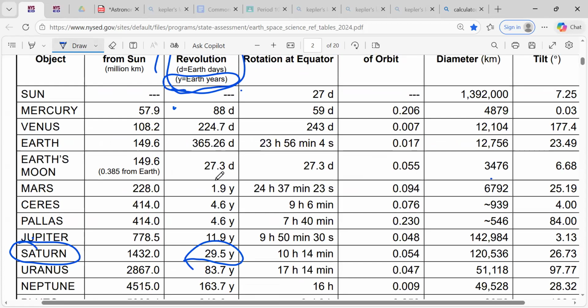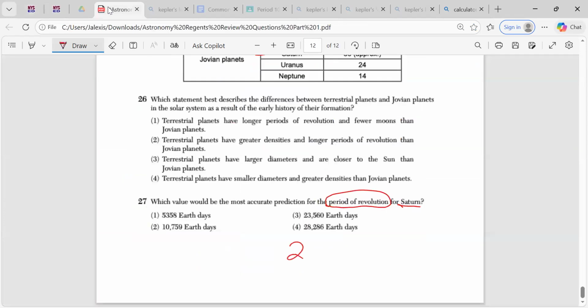How long is one Earth year? You can either use this value or you just know it. In general, one Earth year is 365 days. So that's something we have to keep in mind. Saturn has a period of revolution of 29.5 Earth years, but our job is to convert 29.5 Earth years into Earth days.